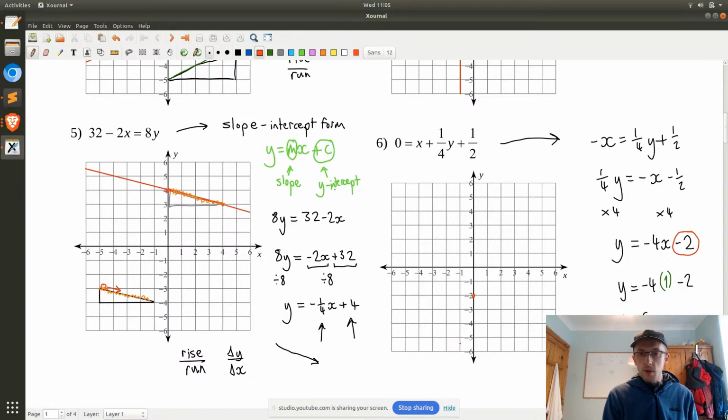Did I do that right? No, beg your pardon. +1, -6. There you go. Okay. 1 to the right, 6 down. There. Now, draw a straight line passing through those 2 points. And there you go. That's exactly what you want. Yeah, perfect. All right.